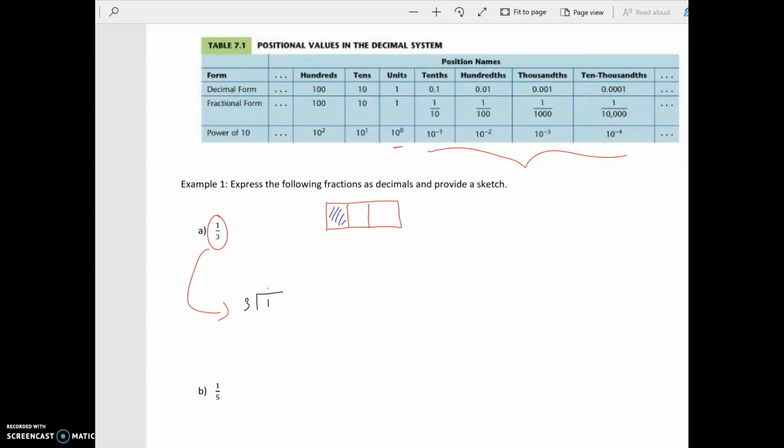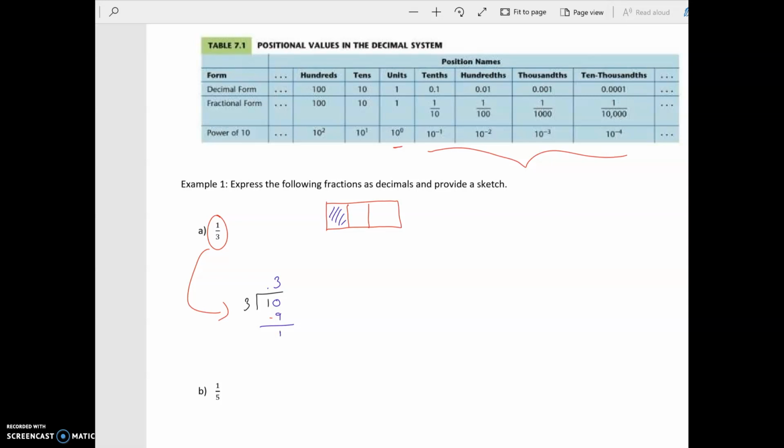As we put the decimal, we introduce a 0, and then 3 times what gives you a value close to 10? 3 times 3 is equal to 9. Don't forget that in the long division process there's a subtraction. So 10 minus 9 is equal to 1.